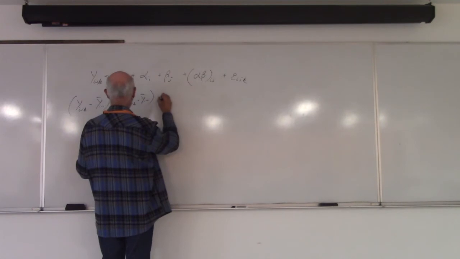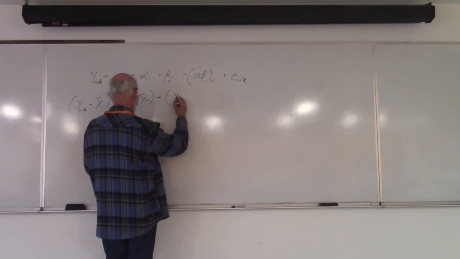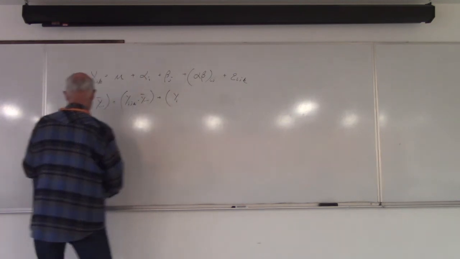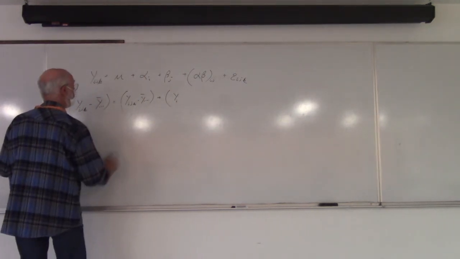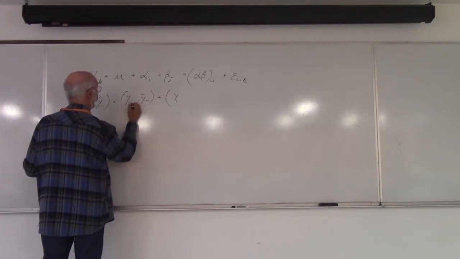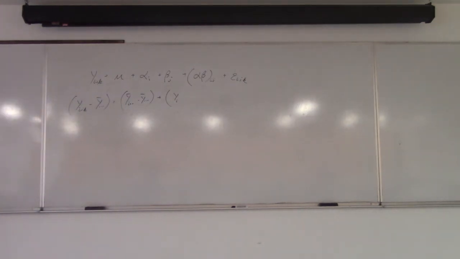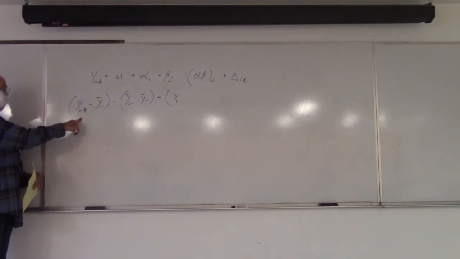What's our best estimate of beta? That's going to be, whoops, I screwed up. It's not y_ijk, it's y bar i dot dot. Because otherwise it would be exactly this, wouldn't it? Yeah.